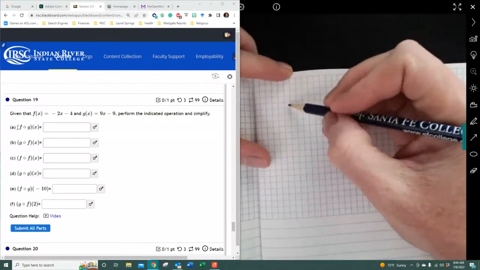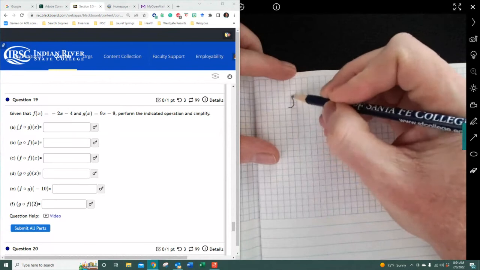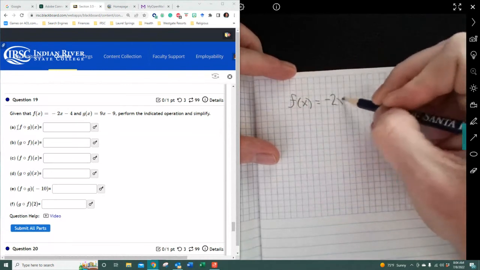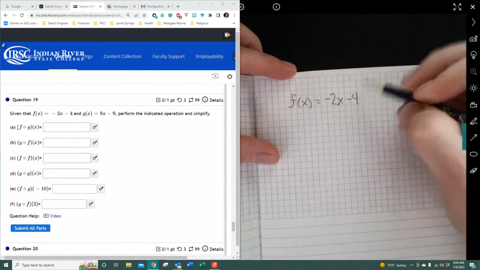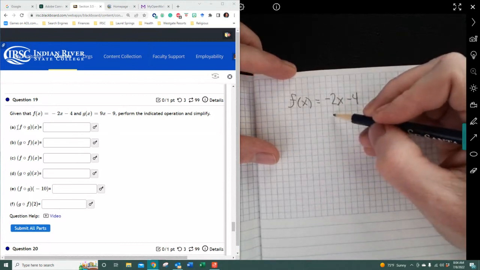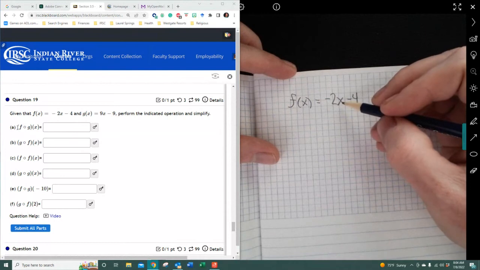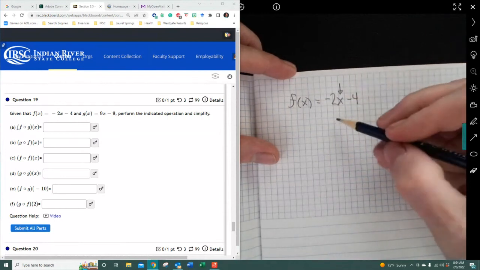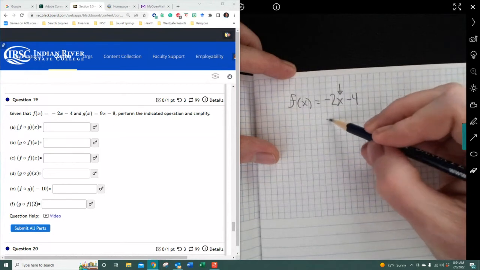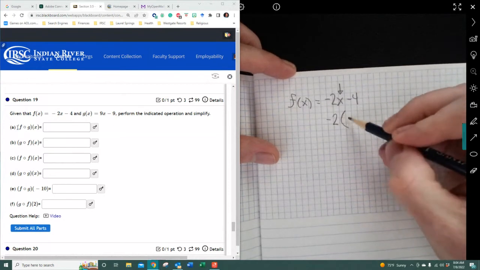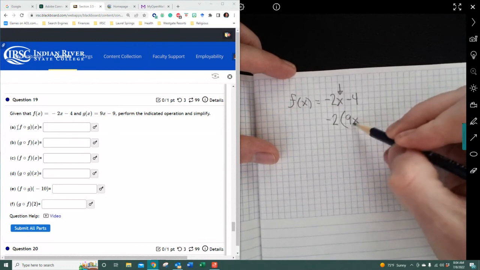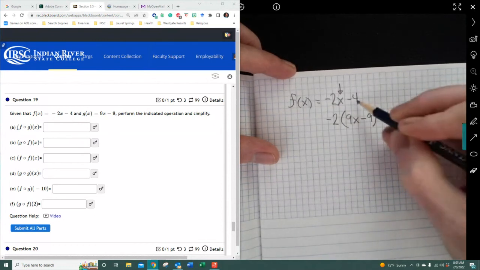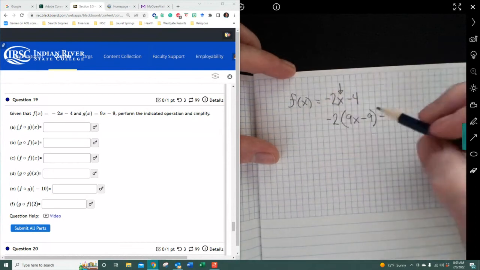If I have a function f of x that looks like negative 2x minus 4, and then the function g of x equaling 9x minus 9, I'm going to insert it where that x is inside the function f. So I'm going to have negative 2, open parenthesis, 9x minus 9, and then the minus 4 is part of the f of x, right?